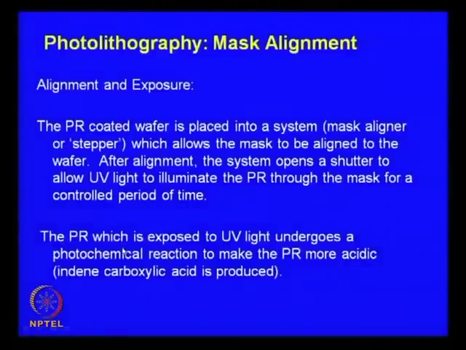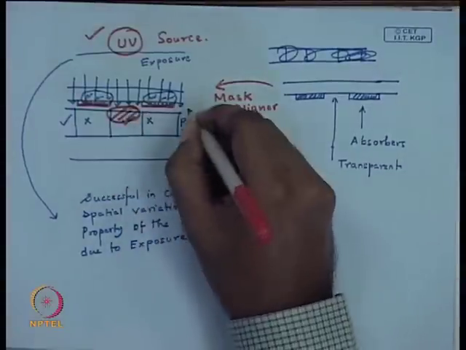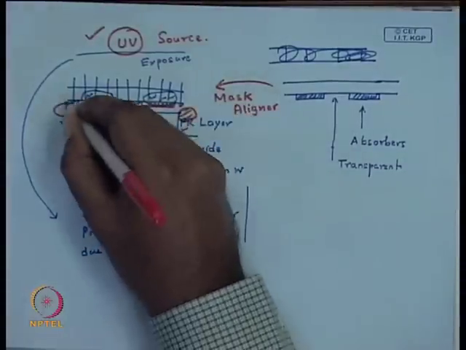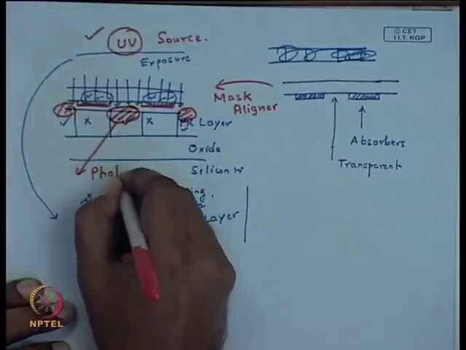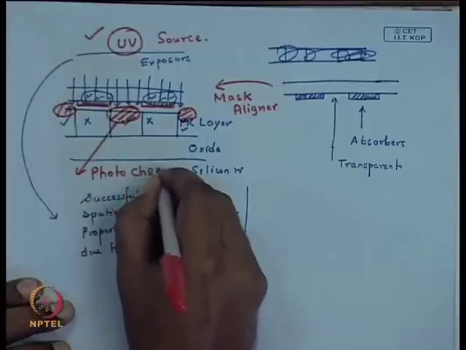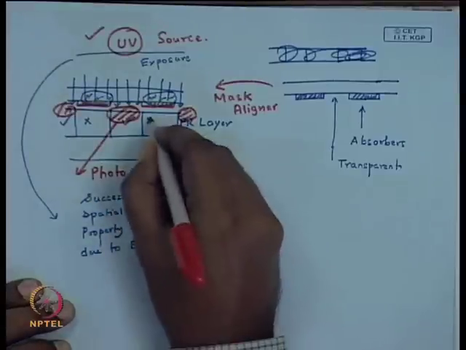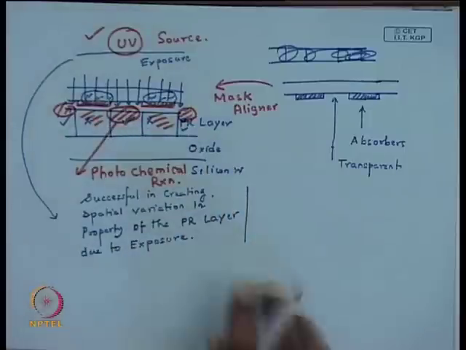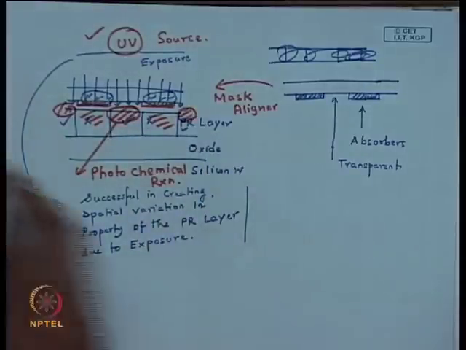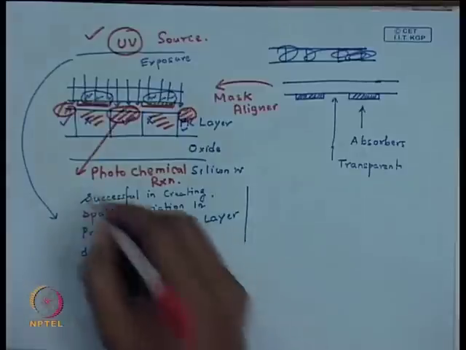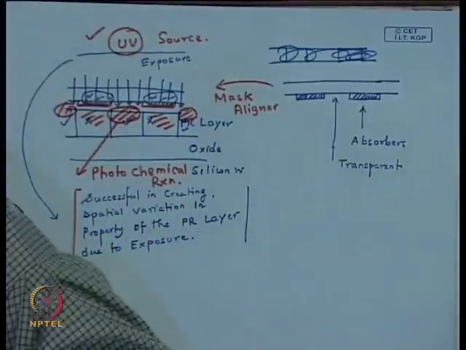So, in these areas of the photoresist layer there is a photochemical reaction, and over these areas there is no reaction. This leads to the variation of the chemical properties along the photoresist layer.